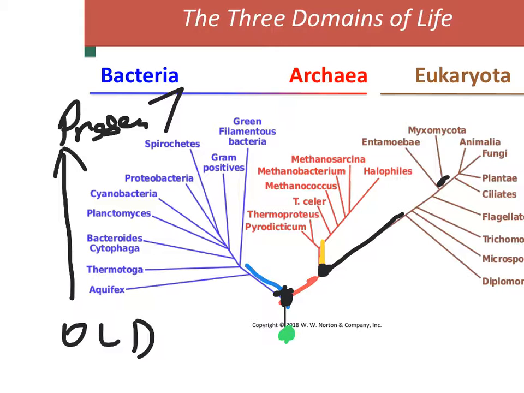But one thing we can say when we look at this is that wherever there's a node, the two lineages are more closely related to each other than to another node.